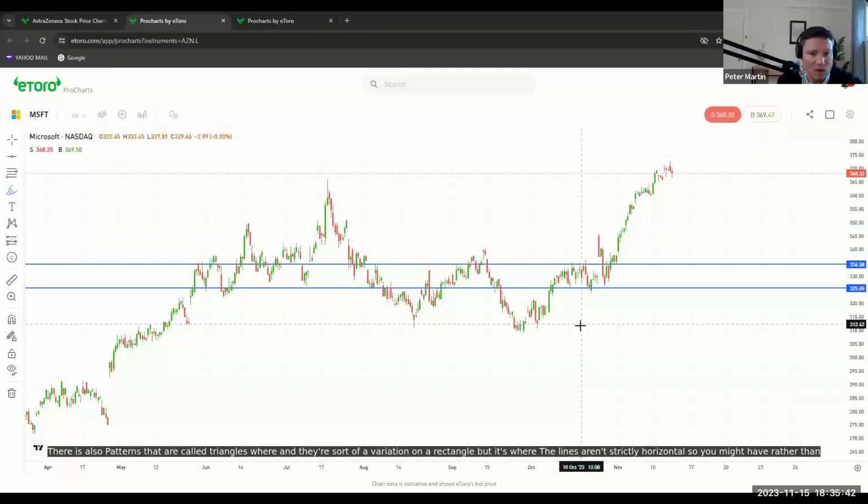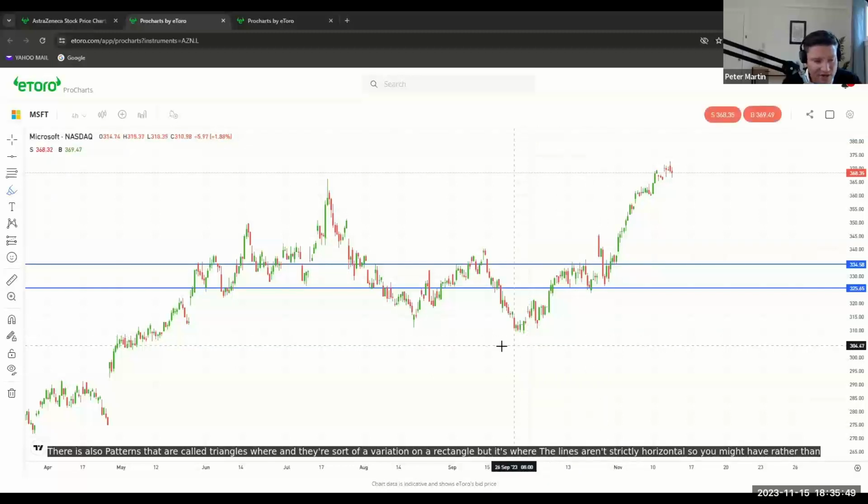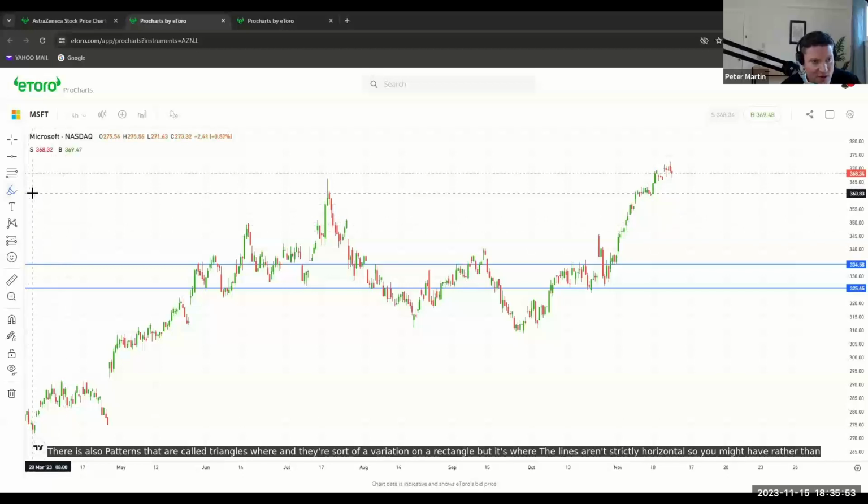There are also patterns called triangles, and they're a variation on a rectangle, but where the lines aren't strictly horizontal.